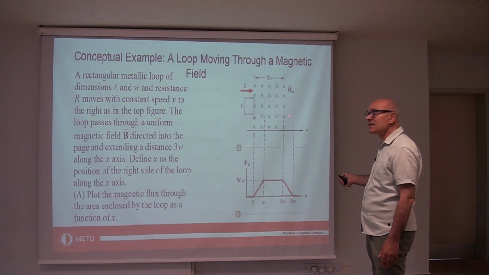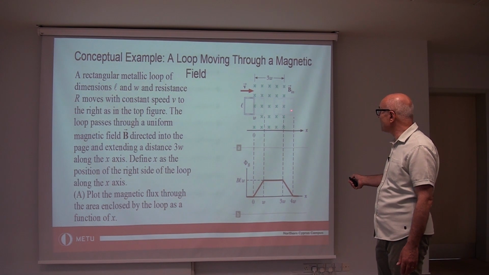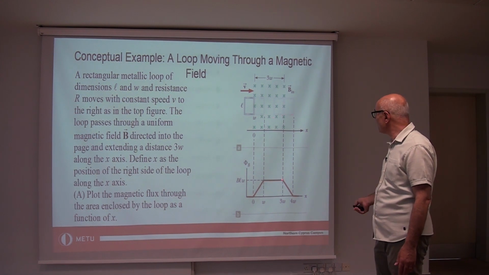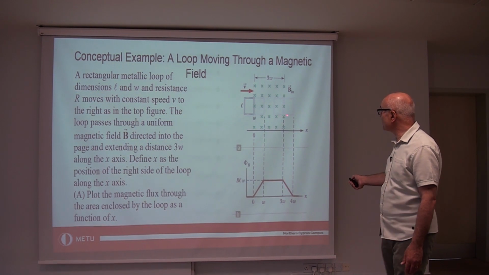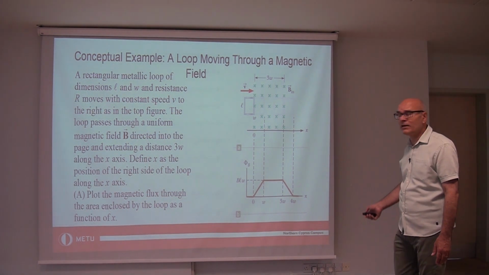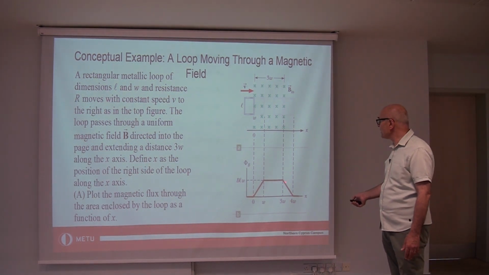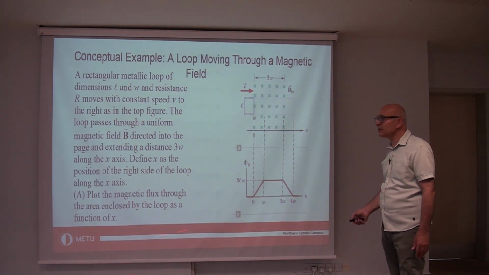When it starts to exit, it will go down with the same slope because it's moving with the same speed, and come down to 0 totally when it totally exits the region where we have a magnetic field. So this is the phi, the flux as a function of time.